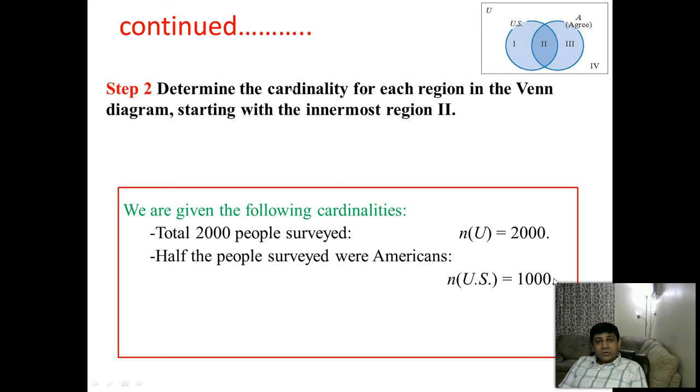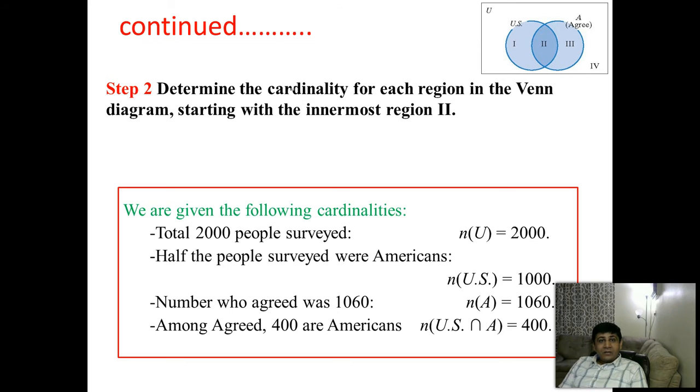We also know the number who agreed with the statement, so n of A is 1060. And among the agreed, 400 are Americans, which is the intersection of US and A, basically this region. So that is 400.